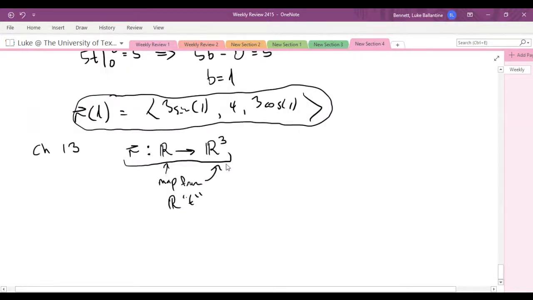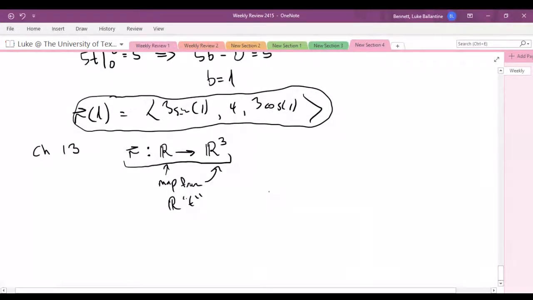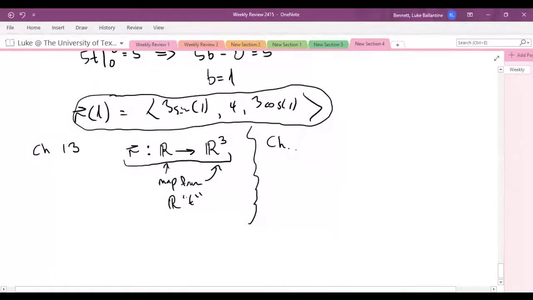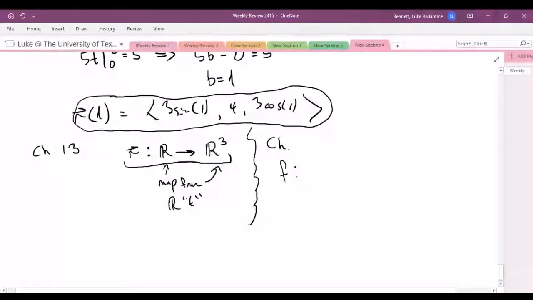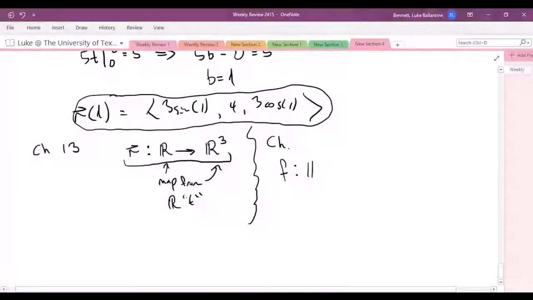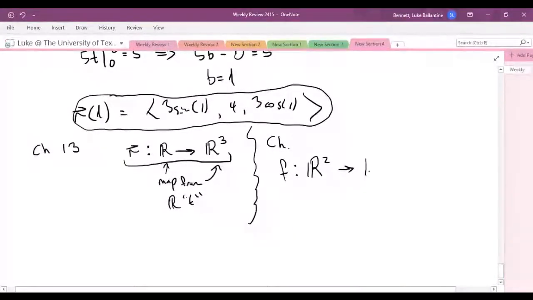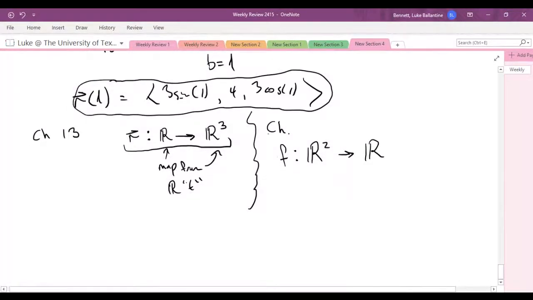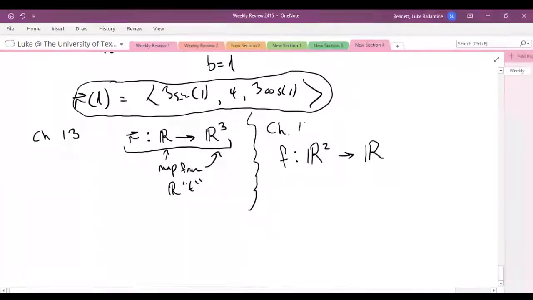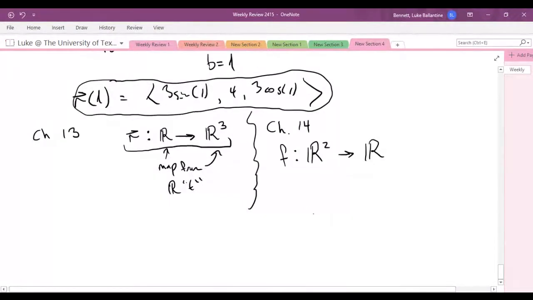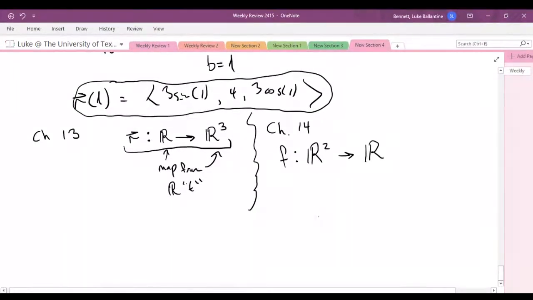Okay. And so these new functions that we're going to be dealing with in chapter 14, functions of several variables, we're going to have f maps R2 or more to R. So when you map R2 to R, this special case, R2 is the XY plane.